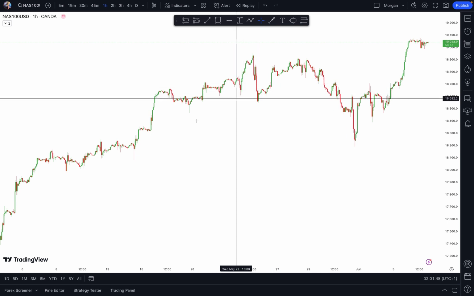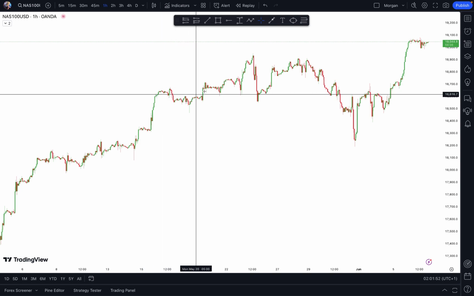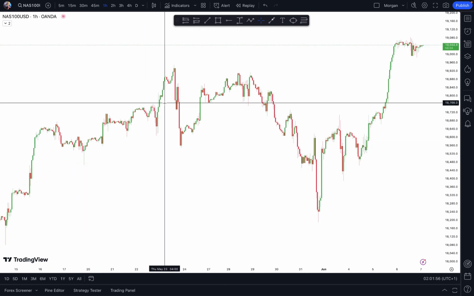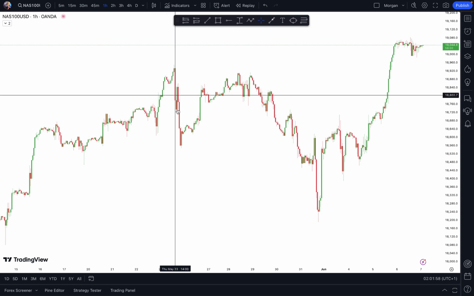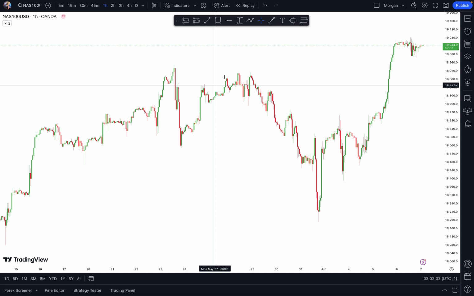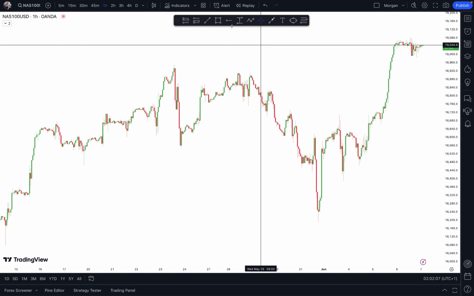So we have here price making higher highs and higher lows, higher highs and higher lows, which indicates an uptrend, right? And then we have this situation where for the first time price kind of takes out the lows, goes on and then struggles to make a new high.